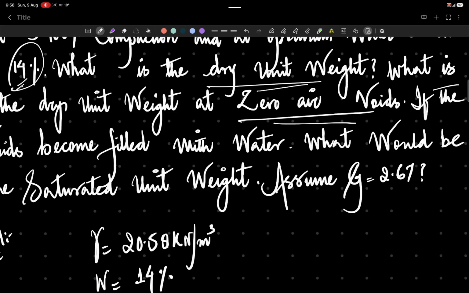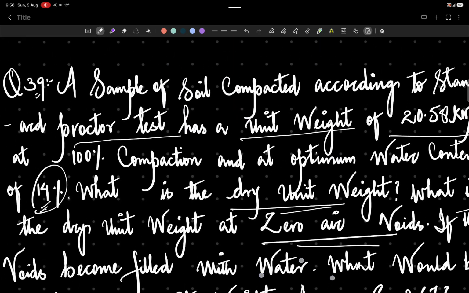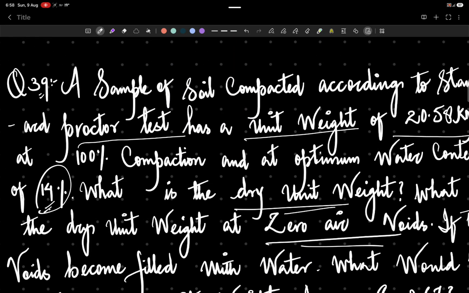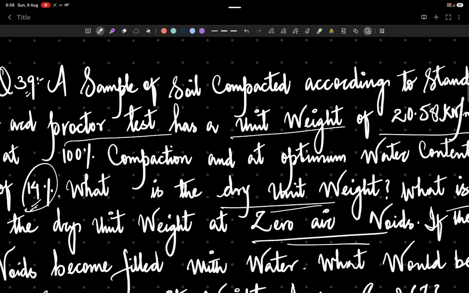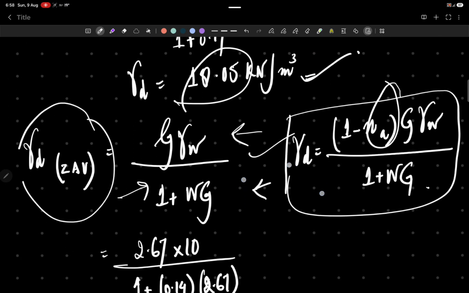The soil becomes completely or fully saturated. So we have completed this question, which was based on the data of a standard proctor test in all respects. We have computed the dry unit weight, the dry unit weight at zero air voids, and the saturated unit weight as well. Moving on to the next one.